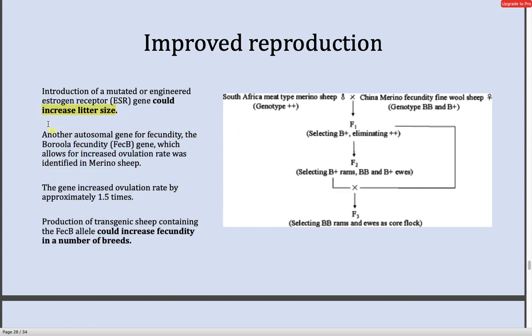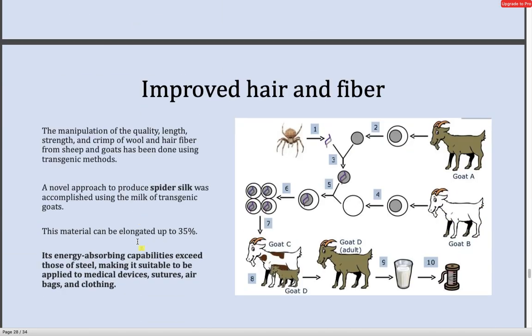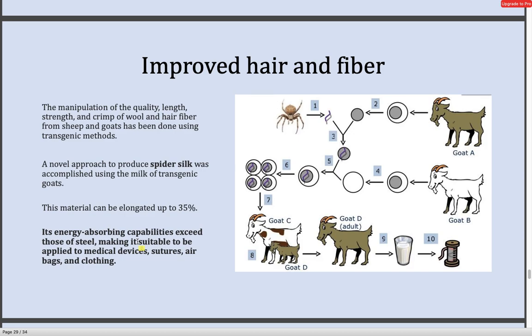There's also improved hair and fiber in certain transgenic animals. In this case, they can manipulate the quality, length, strength, and print of wool and hair fiber from sheep and goat. A lot of people like to use the hair from sheep and goat for various purposes. You've probably seen certain carpets and certain clothes made from that.